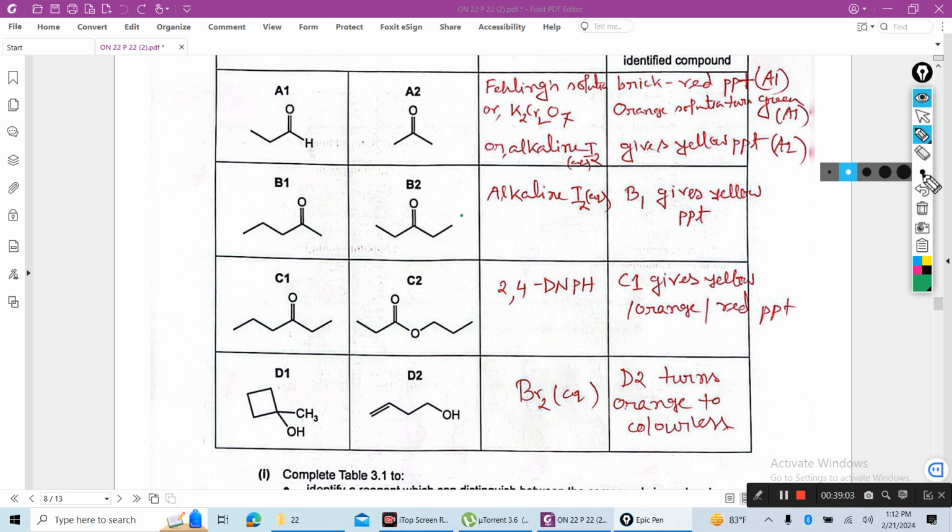Count the carbons: 1, 2, 3, 4, 5. So 3-pentanone. The functional group is on the number 3 carbon. So this is 3-pentanone or pentan-3-one.